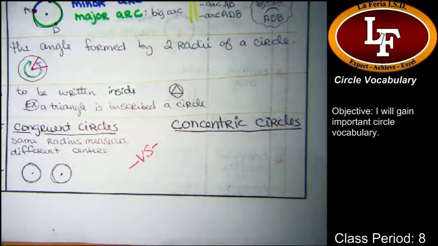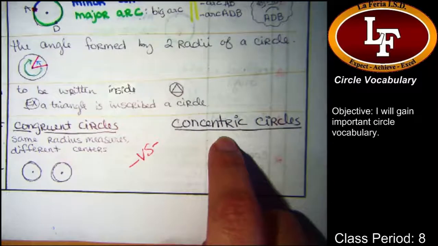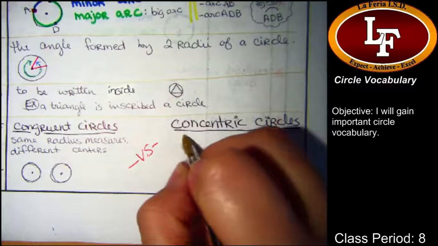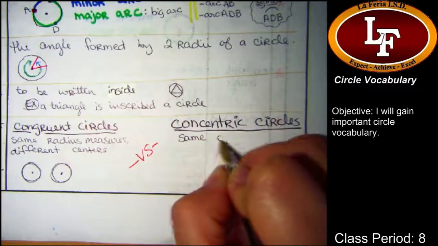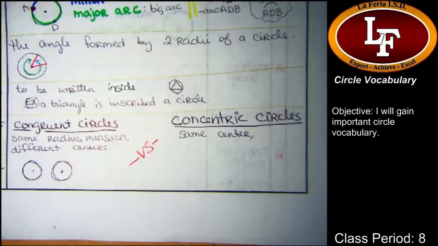What do you think centric means? Center. So then concentric would mean with center. So basically these circles all have the same center because they are with each other's centers.